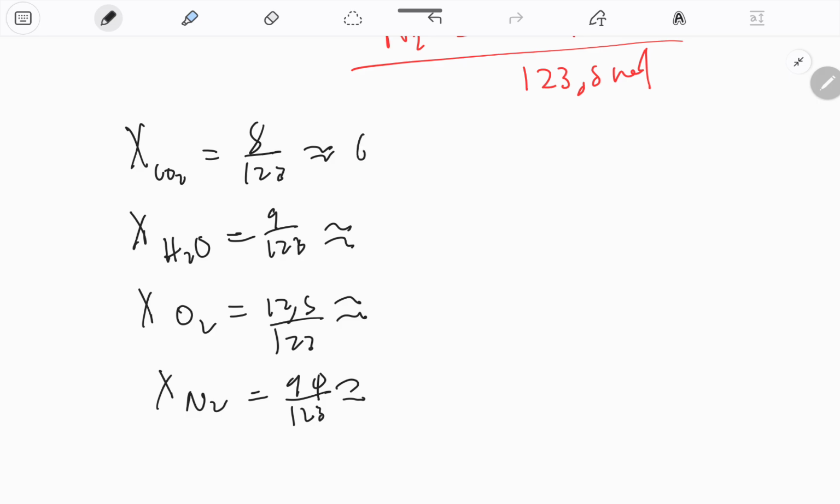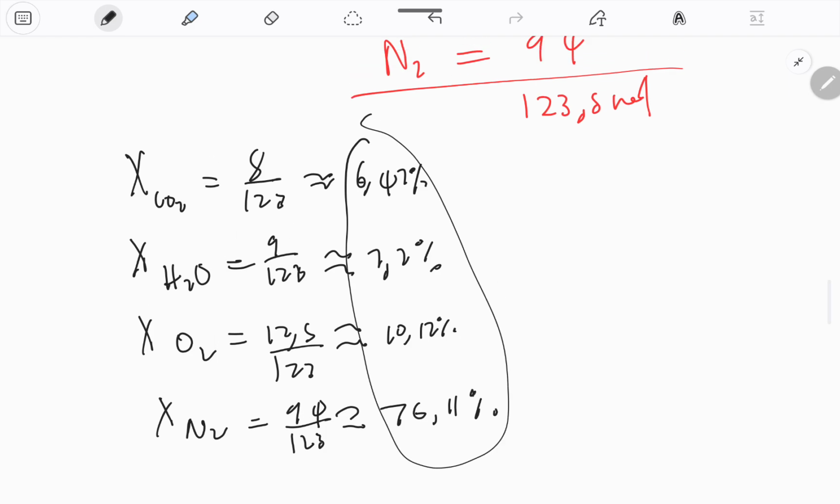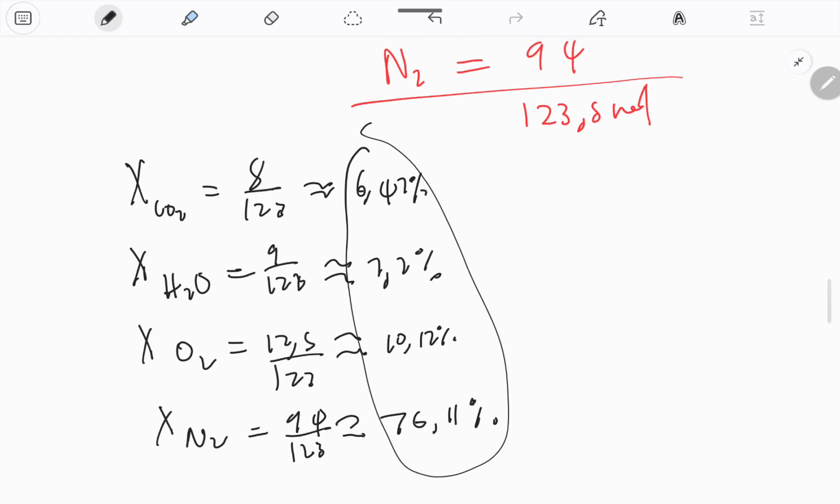If I compute this, I get 6.47%, 7.2%, 10.12% for this one, and obviously big, 76%. So this is our mole proportion for each species.